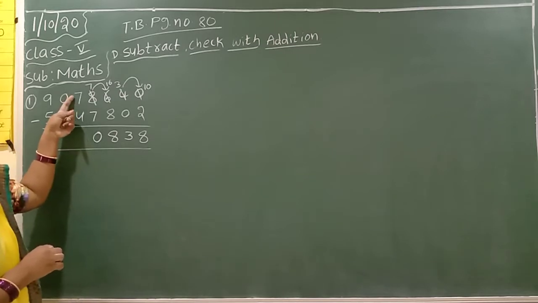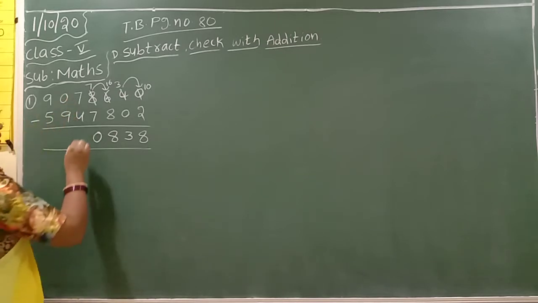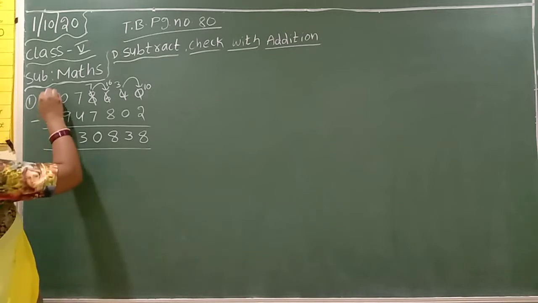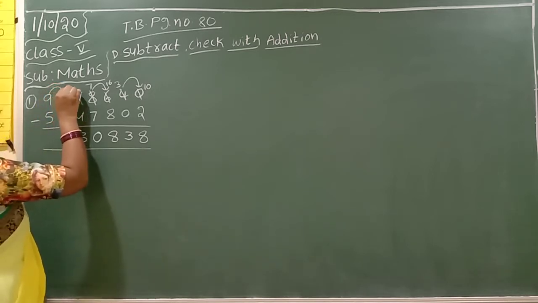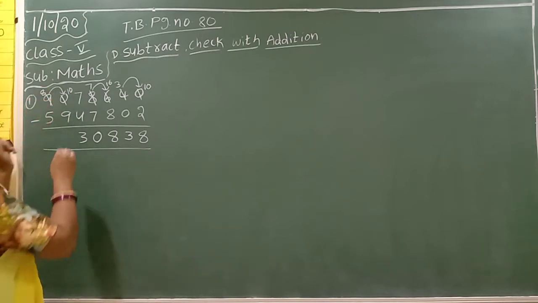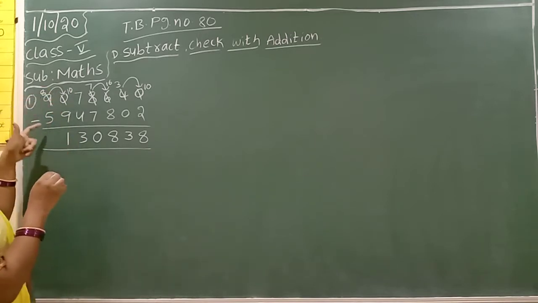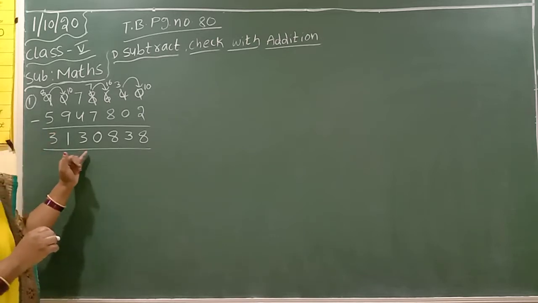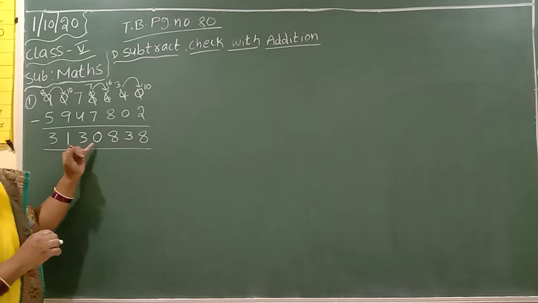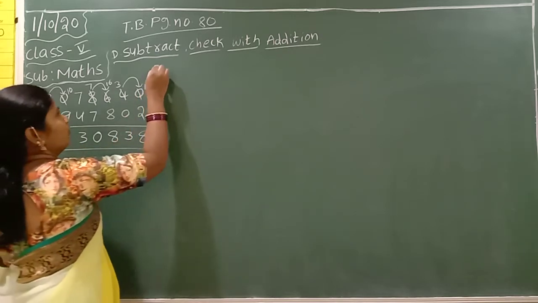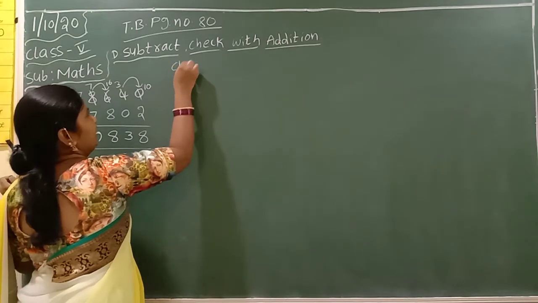Next, 7 minus 4, 3. 0 minus 9 is possible? No, again take a borrow, it becomes 10, and this becomes 8. 10 minus 9, 1. 8 minus 5, 3. So our answer is 31 lakh 30,838.